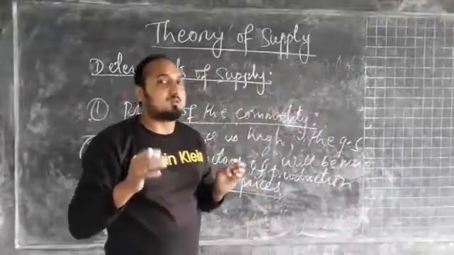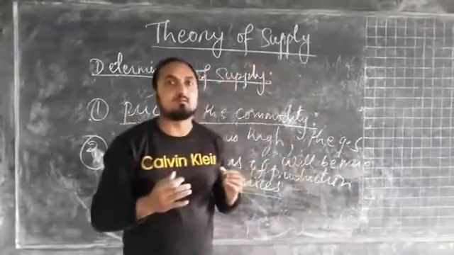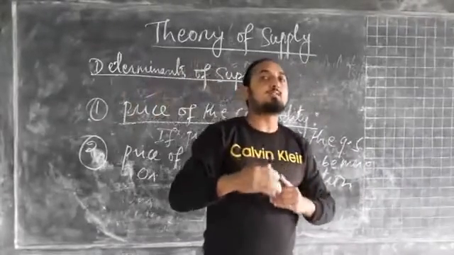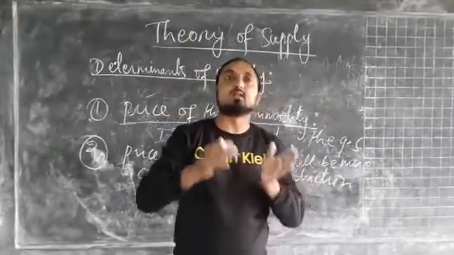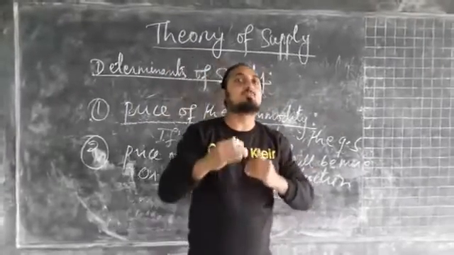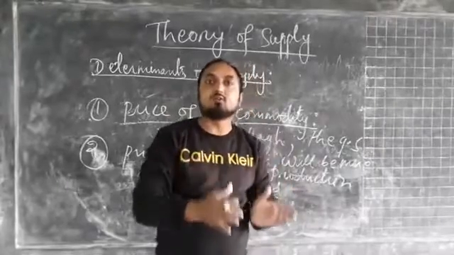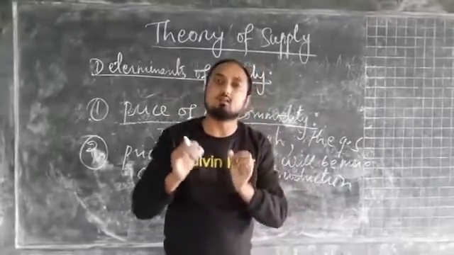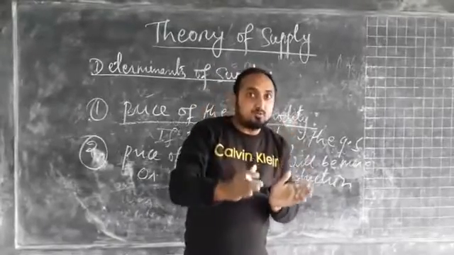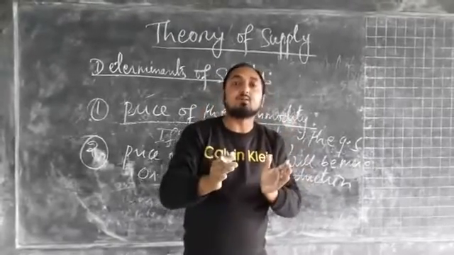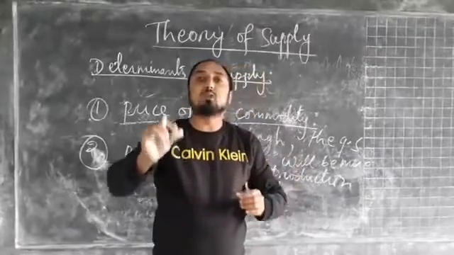If the price of labor, that means the wages of labor, increases, or if the price of raw material increases, or if the cost of machinery increases, then obviously the cost of production will increase. And if the cost of production increases, the per unit cost will increase. At the same time, the profit margin of the producers will decrease.